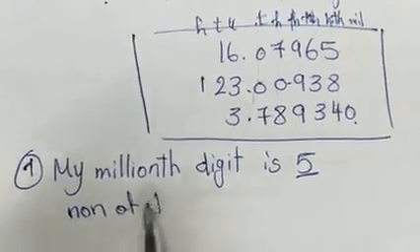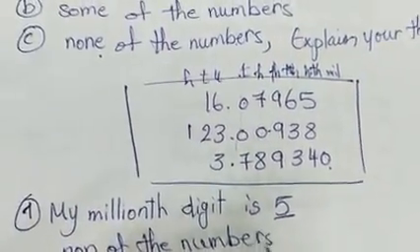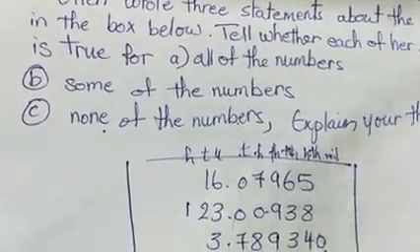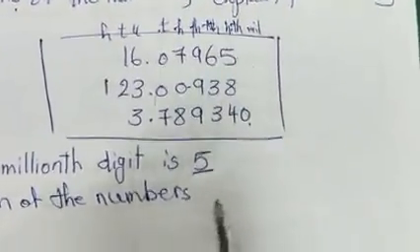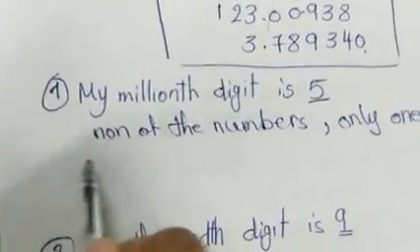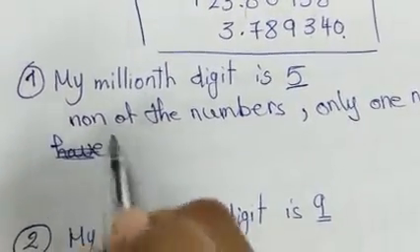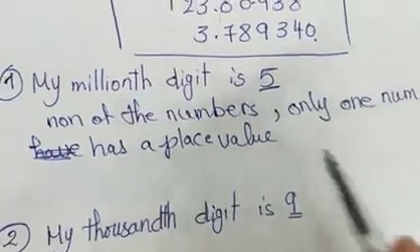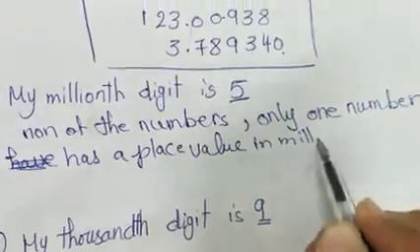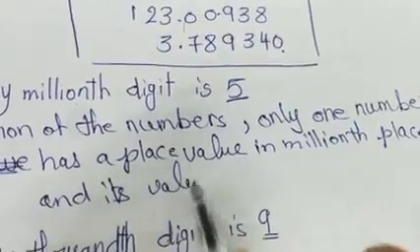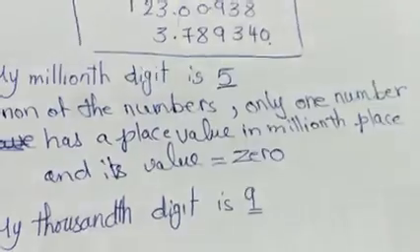My thinking is that only one number has a place value in the millionth place, and its value equals 0. This is for the first one.